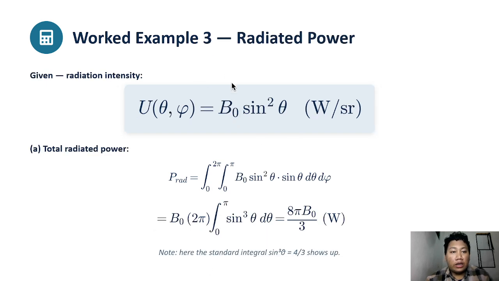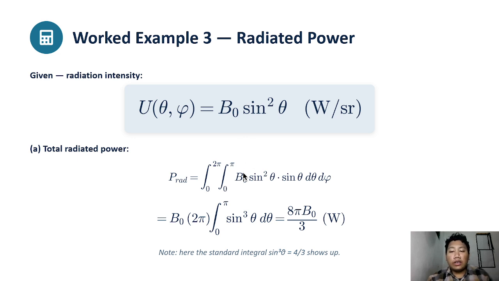Moving on to example number three. Here's a little difference: the intensity is B naught sin squared theta. When we drop that into the integral and multiply by the sin theta from the solid angle, we now get sin cubed theta. And this is exactly where the second standard integral comes in handy.